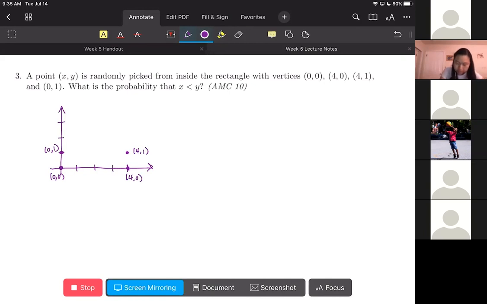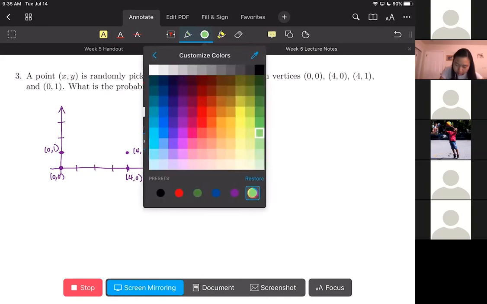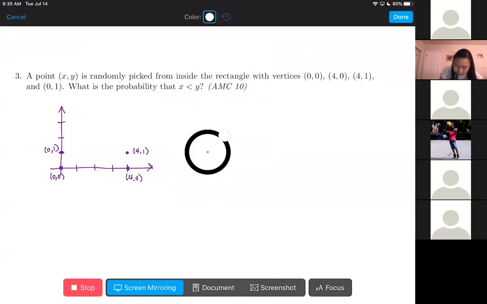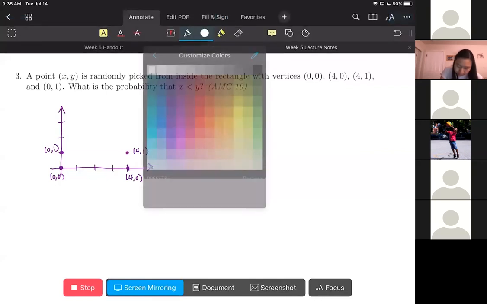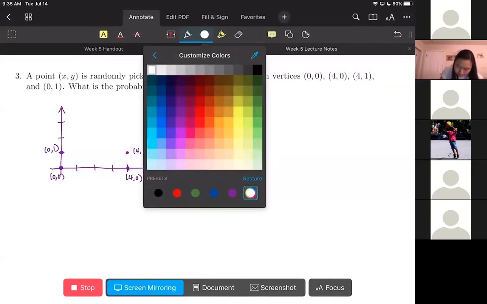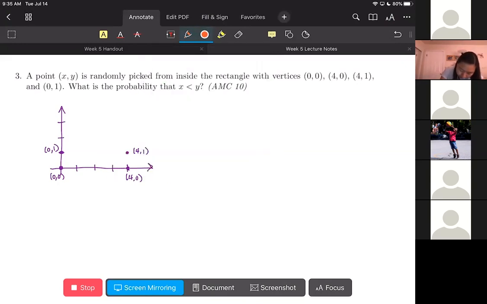All right, so I've graphed this, and I'll use orange again to draw the rectangle. Cool, I've graphed the rectangle. What's next?